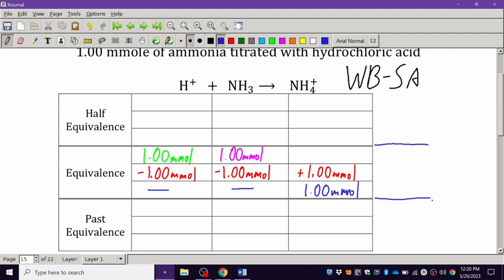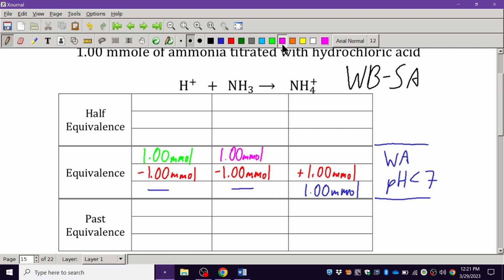No, it can't be a strong acid. There's no hydrogen ion present here. The only thing that's present is the conjugate acid of a weak base. Is that a strong acid? How can it be a strong acid? It's a weak acid. So this particular titration is going to have an equivalence point with a pH of less than 7. It may not be a lot less than 7, but it's going to be less than 7 because you have a weak acid solution.